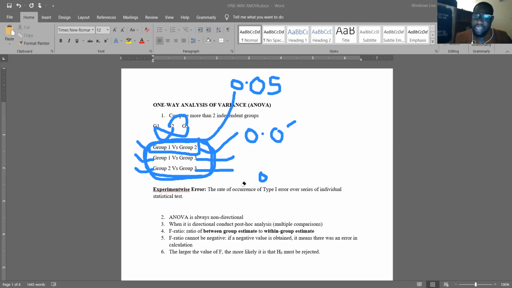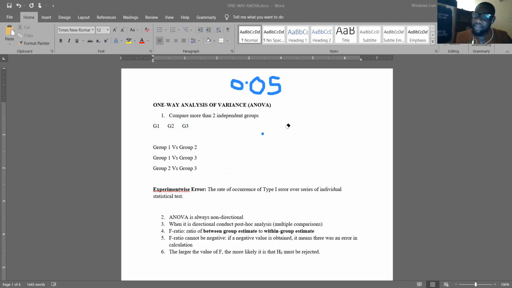And that's the definition I've provided for experiment-wise error: the rate of occurrence of type 1 error over a series of individual statistical tests. So it means you use one statistical test, independent t-test, and you run it separately or severally, then you are committing experiment-wise error.